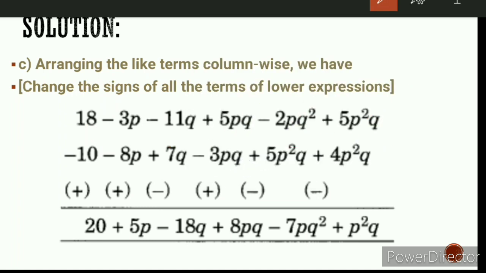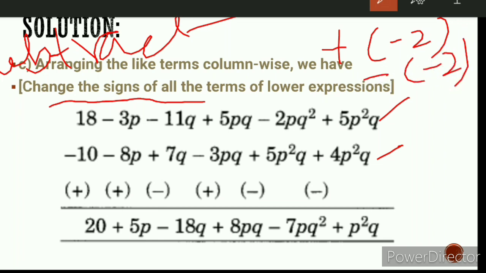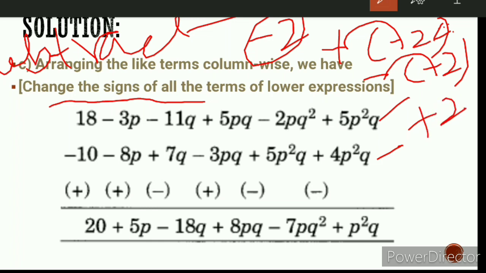Okay, second step: after arranging the expressions, change the sign of all the terms. Here we are doing subtraction, so we should change, because when we multiply plus with minus 2 and minus with minus 2, there is a difference. Plus into minus gives minus 2 only, no change, but minus into minus gives plus 2, a change of sign.